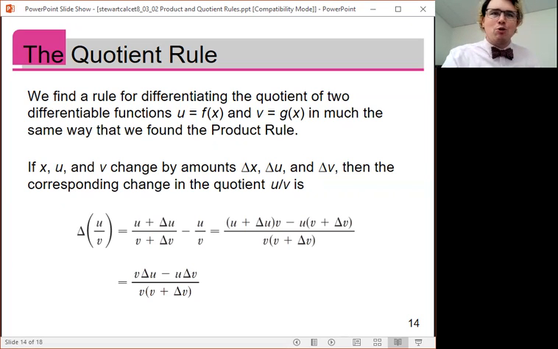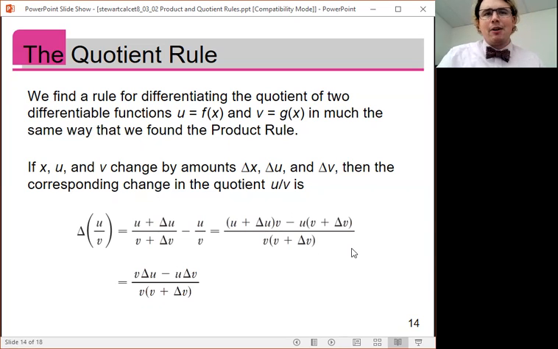Just a simple subtraction. Now, it's a simple subtraction for the fraction as a whole, but I need to combine these two with a common denominator, right? One fraction less another. Sure, this is the difference in two different functions, but I actually want something I can perform limit calculations with.